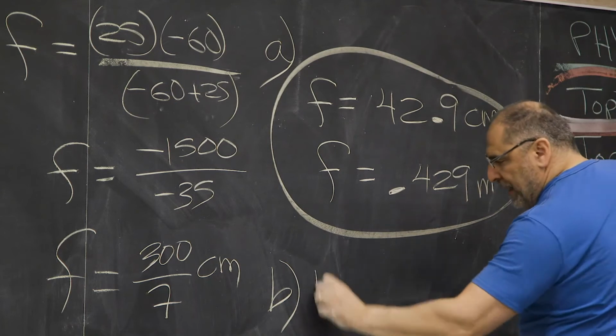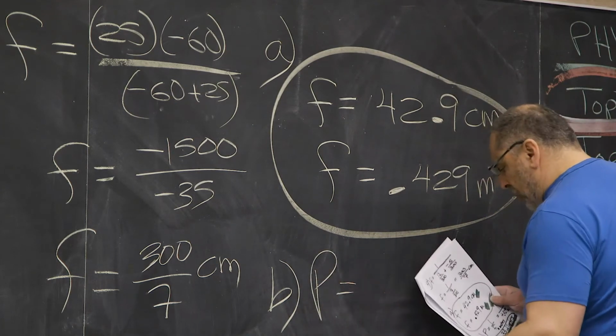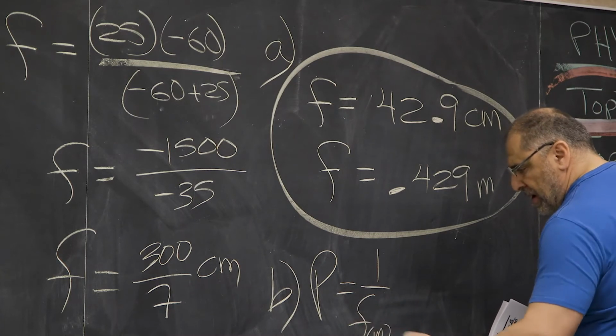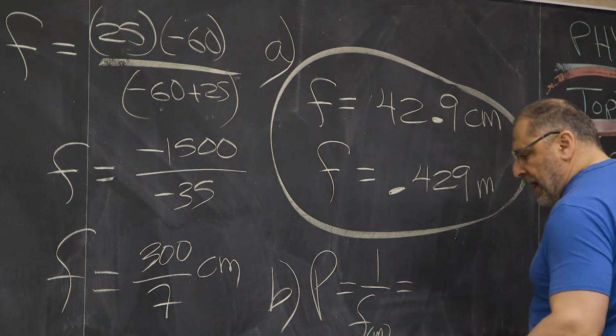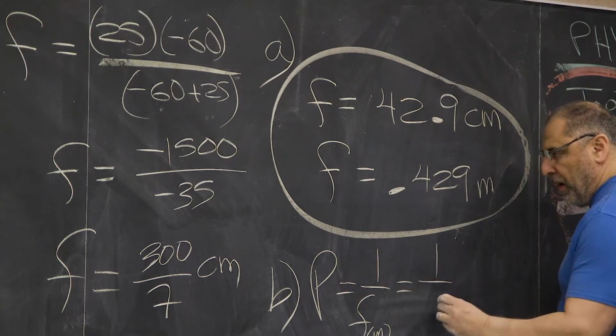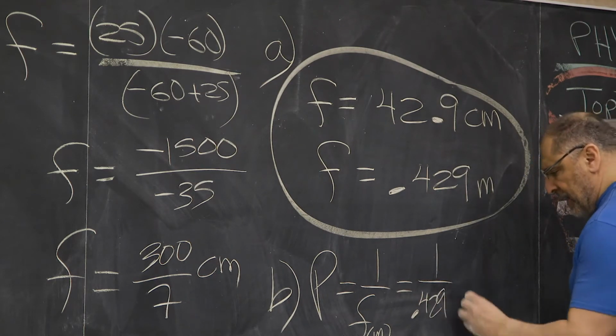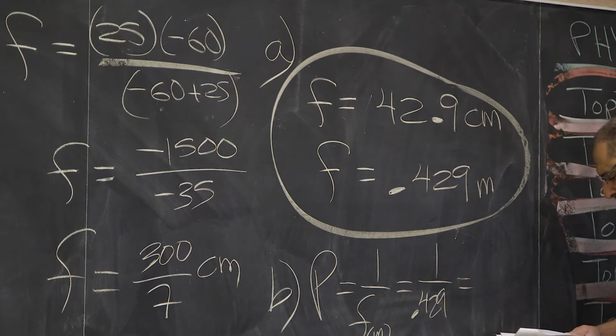the power in diopters is simply 1 over F in meters. So it's 1 over 0.429, just by definition. They call them diopters. It's inverse meters.